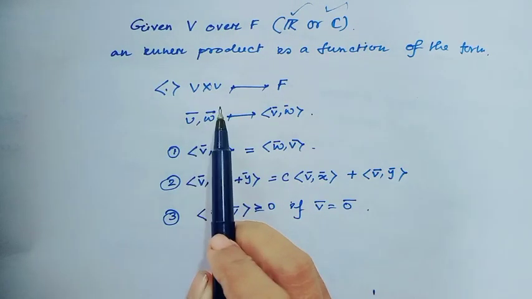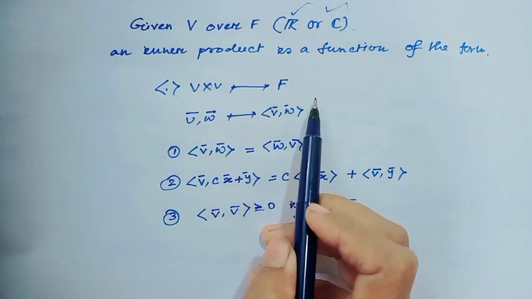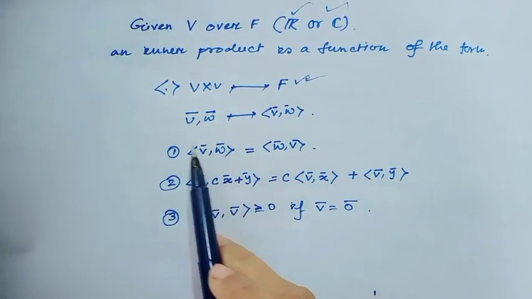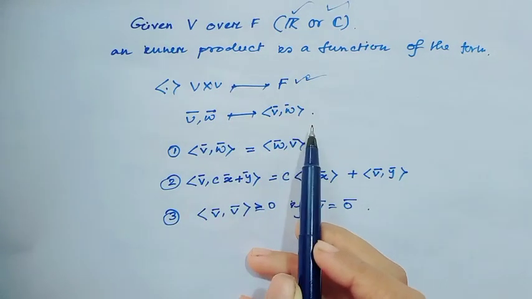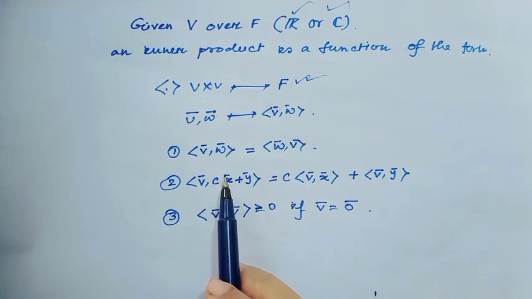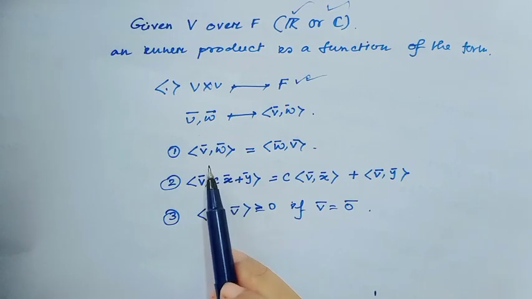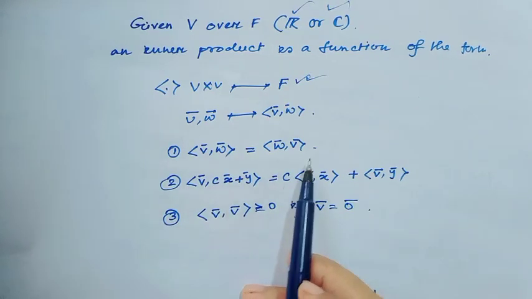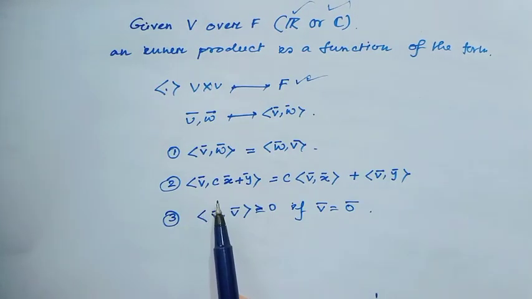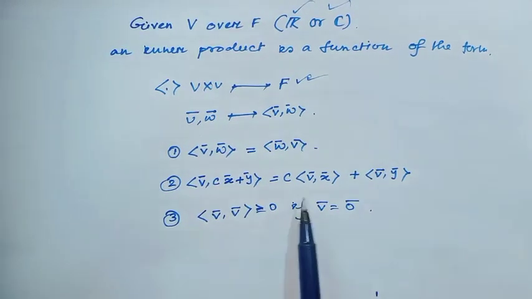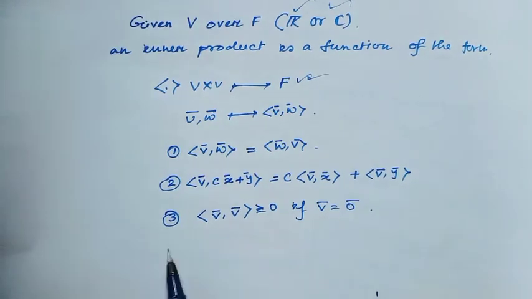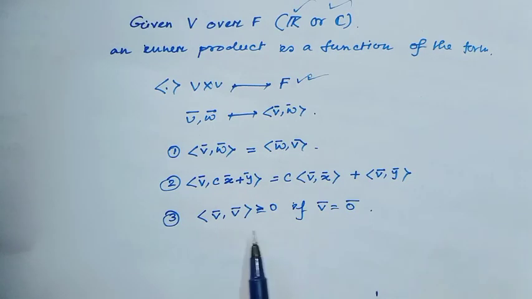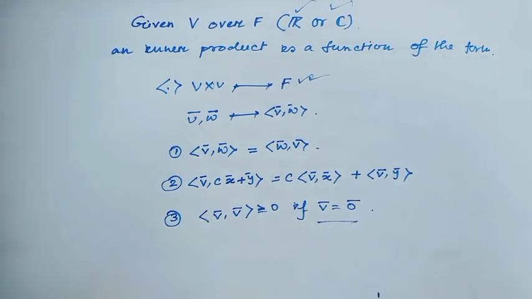The inner product is defined from V cross V to F, where F means field, and the mapping sends the vector pair VW to the inner product of V and W. The properties are: one, inner product VW equals inner product WV; two, inner product V comma cx plus y equals c times inner product Vx plus inner product Vy; three, inner product V with V is always greater than or equal to 0, and equals 0 only if the vector equals 0.